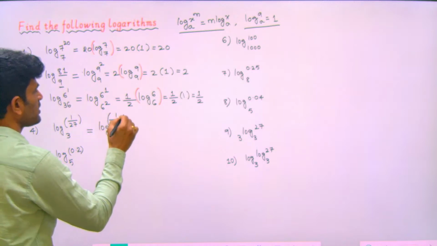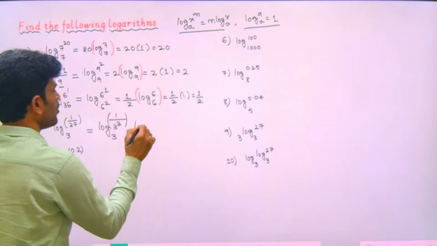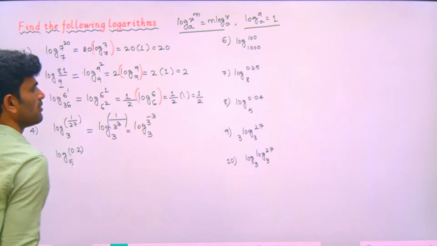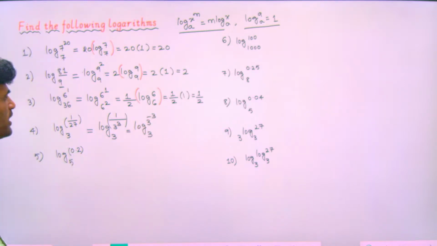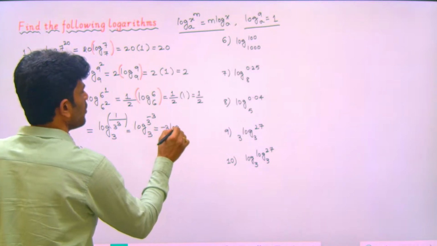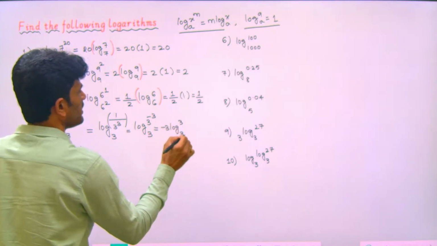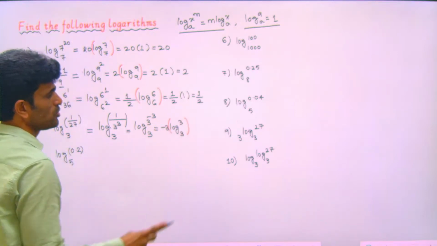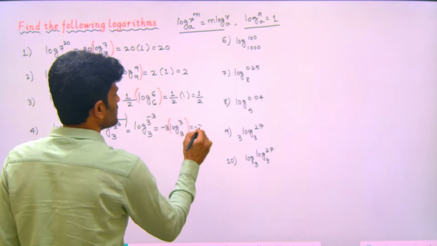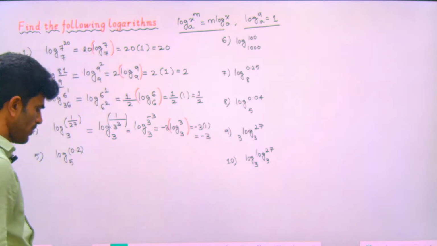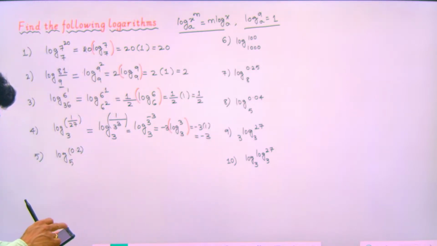So it can be expressed as log 3 power minus 3 to the base 3. Now we can use the power rule here. This can be written as minus 3 log 3 to the base 3. Now this value is 1. So it is minus 3 into 1, which is minus 3. Hope you understood this.